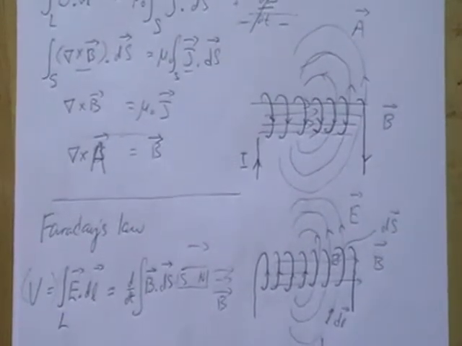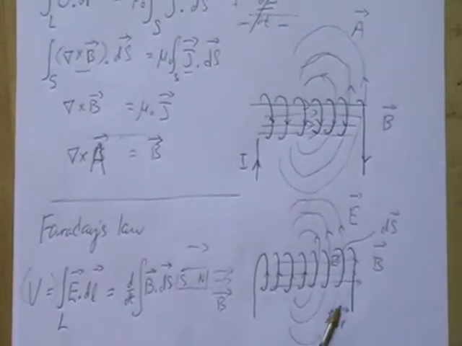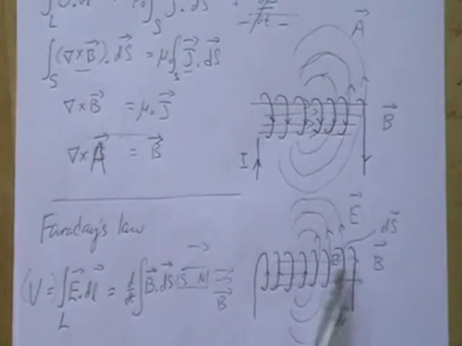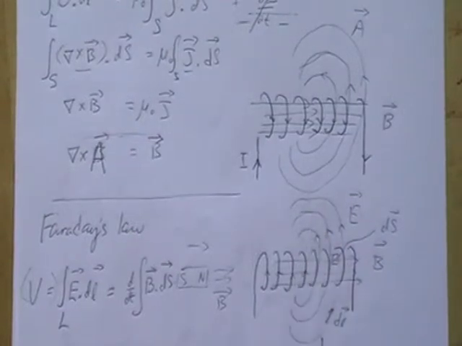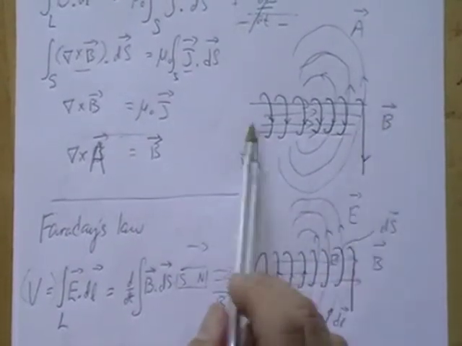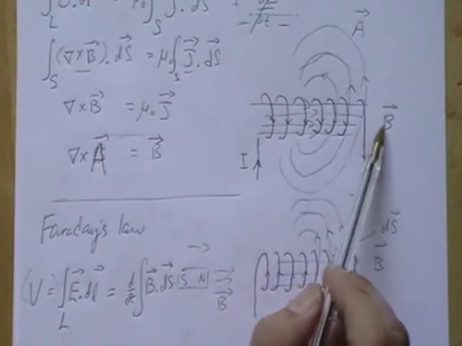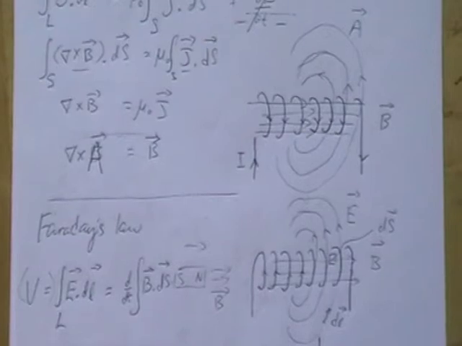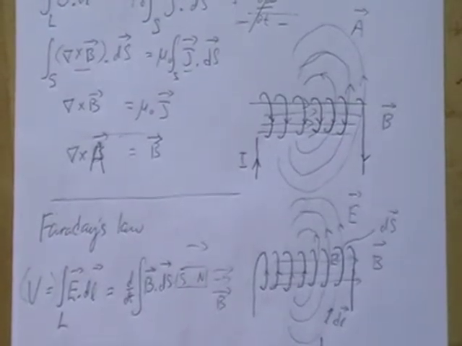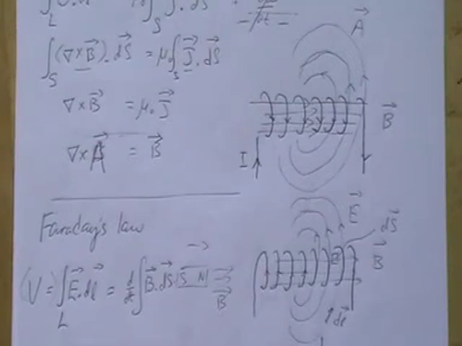Now, let's look at these two pictures together. I have a changing flux here that induces a circular electric field. I have a magnetic field there that produces a circular vector potential field. The similarity is obvious.